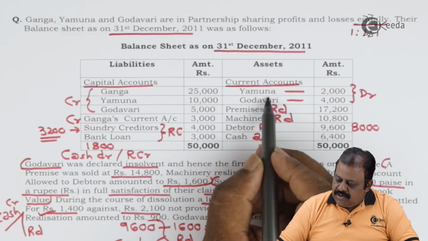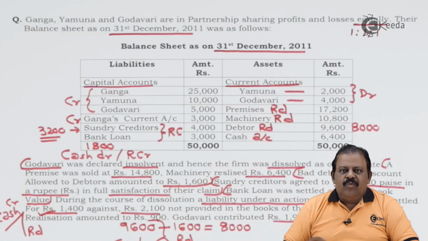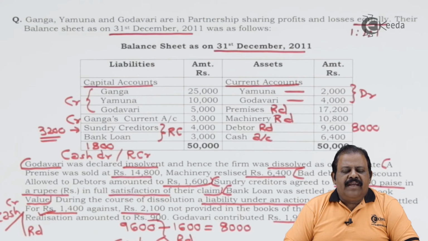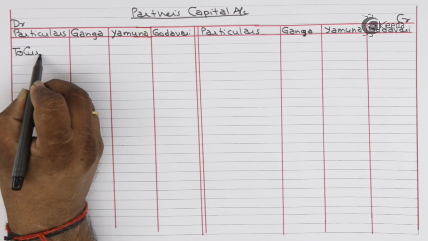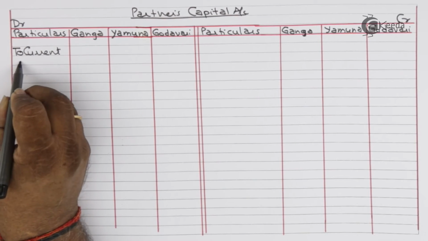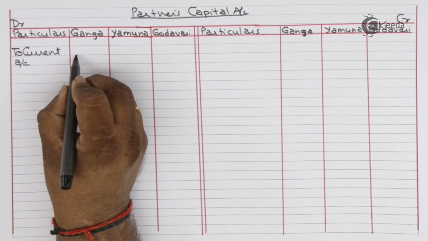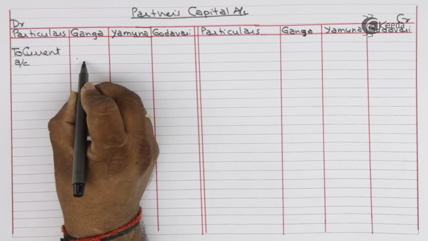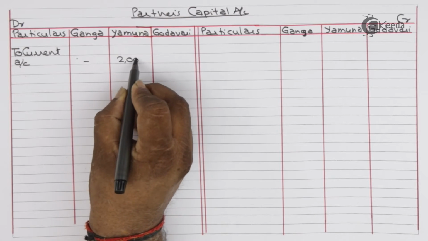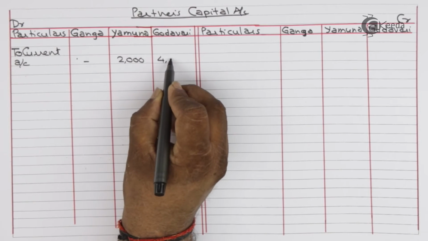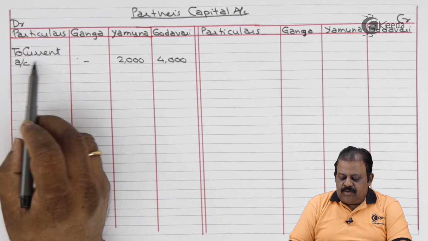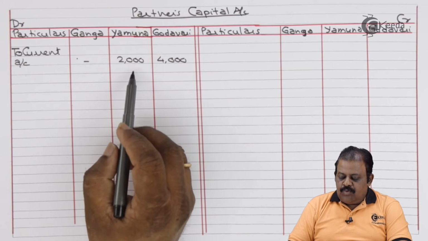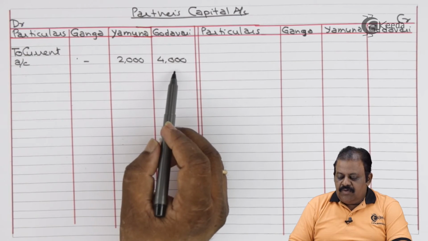Current account of Yamuna, Godavari will be directly transferred to their capital accounts on the debit side. Partners' capital account debit side, current account Yamuna 2,000, Godavari 4,000.